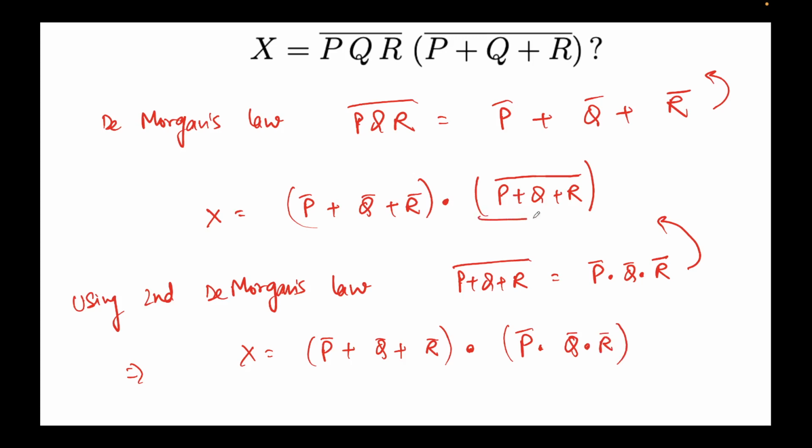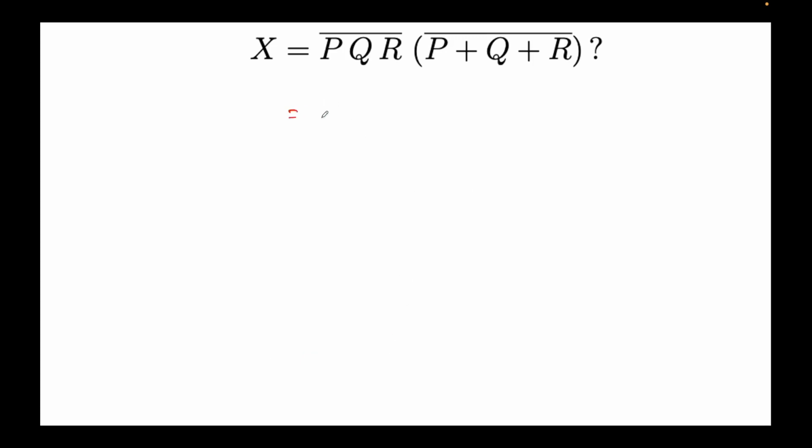So essentially, this is the term that I have used over here, and this is the term that I have. Okay, so that's what I have done. All right, so now we have x in this format. Let me write it again. This was (P bar plus Q bar plus R bar) multiplied by P bar Q bar R bar, right?